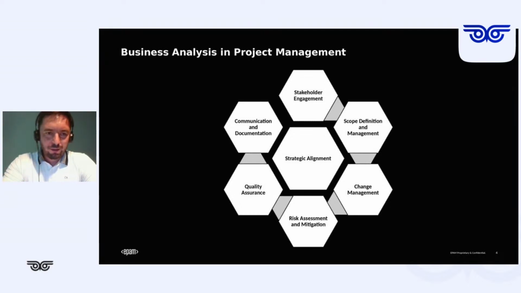The next one is very obvious, right? Stakeholder engagement. Okay, we can have different focus of the stakeholders still. We intersect here, business analysts and managers. We go with the scope definition and management, which is present in every project. But there are differences, right?